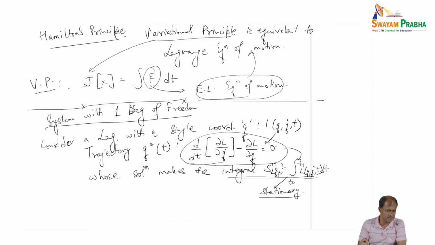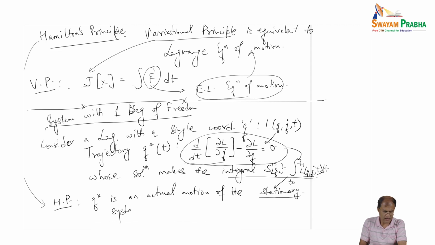So then, I'm repeating the Hamilton statement again in terms of this Lagrange equation of motion. It says that the Hamilton's principle: q star is an actual motion of the system, if and only if it makes the action functional S of q stationary.